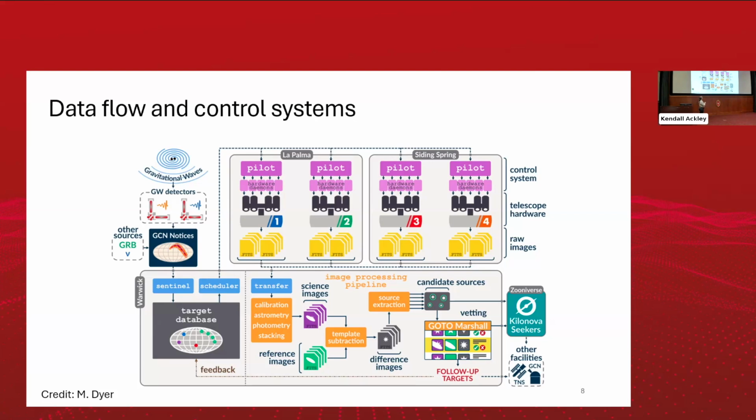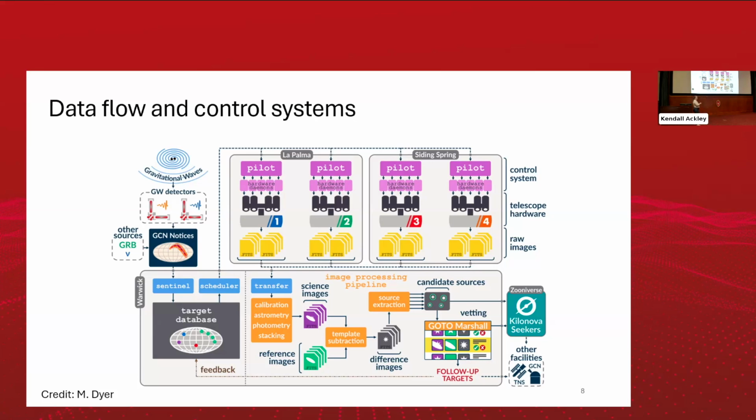Once the images have been taken, they are sent through to the image processing pipeline. They go through a raw transfer stage, and then what we call the typical pipeline processing. You take your image, you remove some of the noise sources that come in, things like bias, backgrounds, dark current noise, things like that come from CCDs.